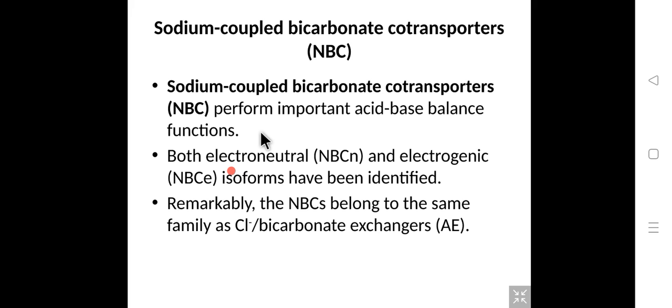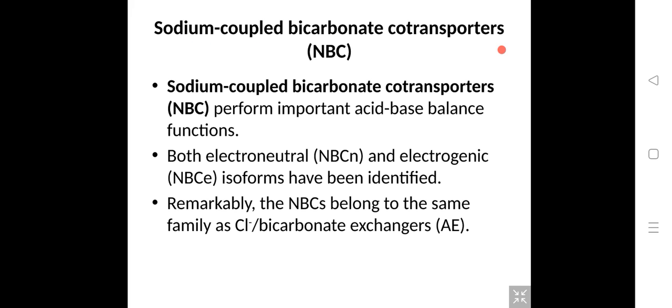Your answer is here. This is a bicarbonate transporter, right? It is balanced, but one is electroneutral and the other one is electrogenic. This is a very good example of isoforms. So they are both similar.